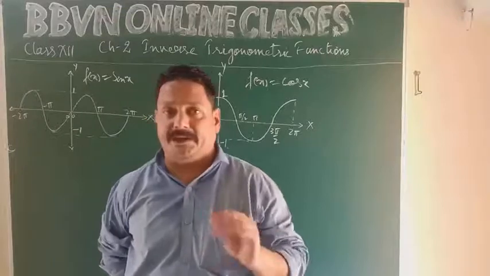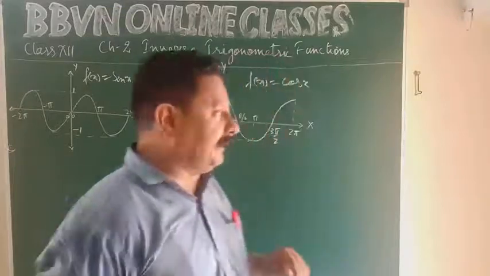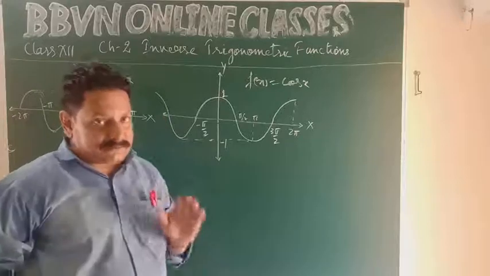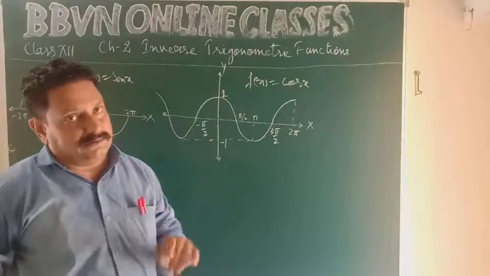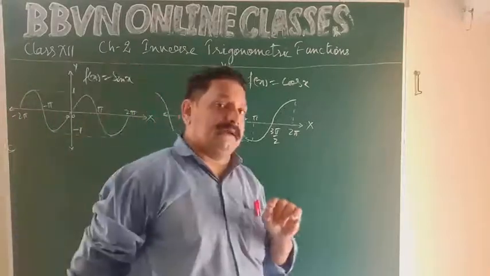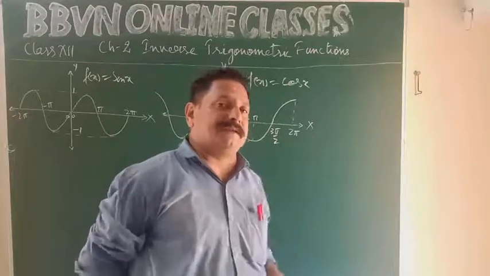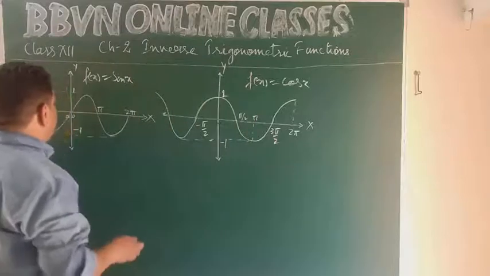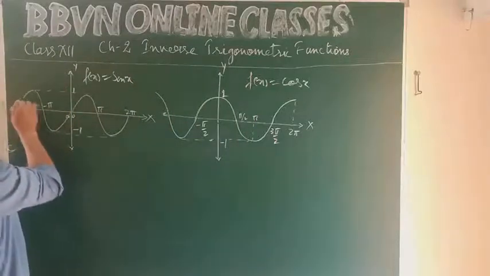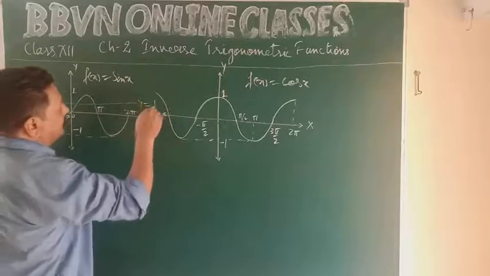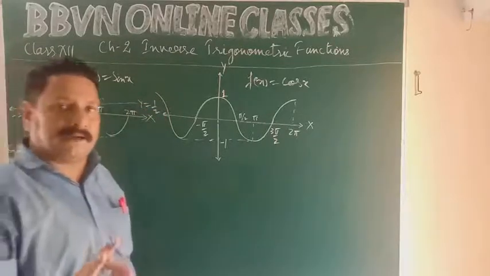Now, in chapter 1 I said that if we have the graph, then by the graph we can verify whether a given function is a 1-1 function or not. For that we had a test known as the horizontal line test. I will draw a line. This is the line y equal to 1 by 2, a horizontal line parallel to the x axis.